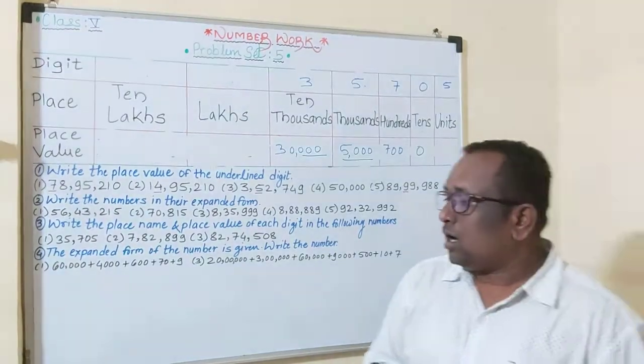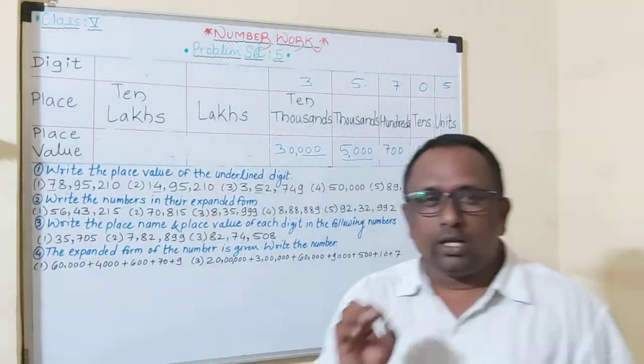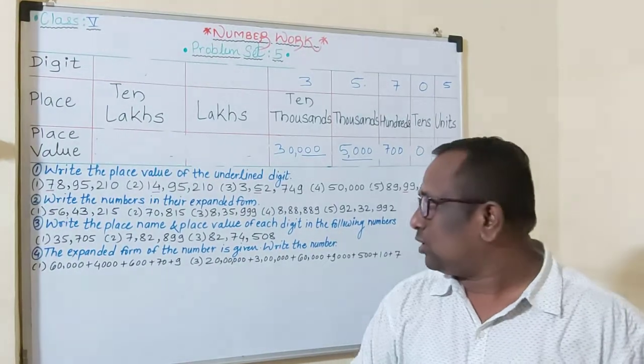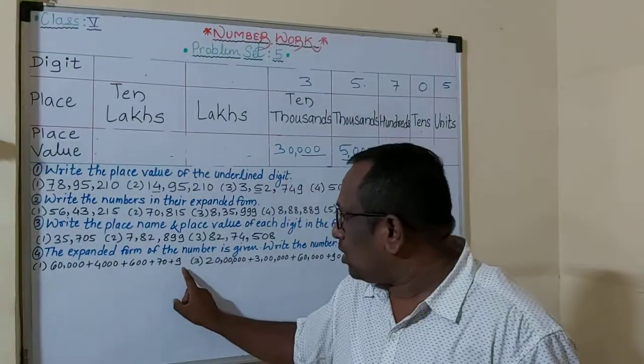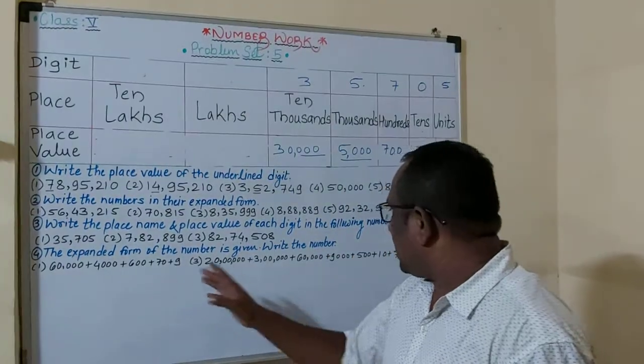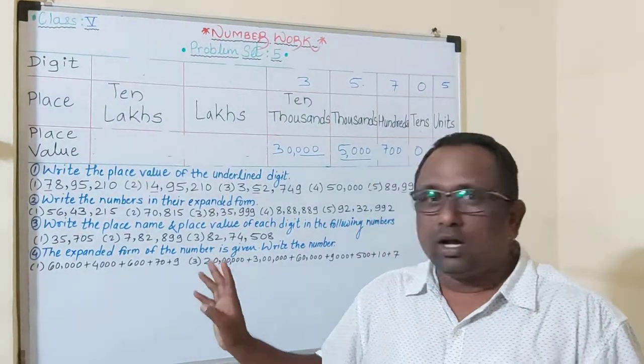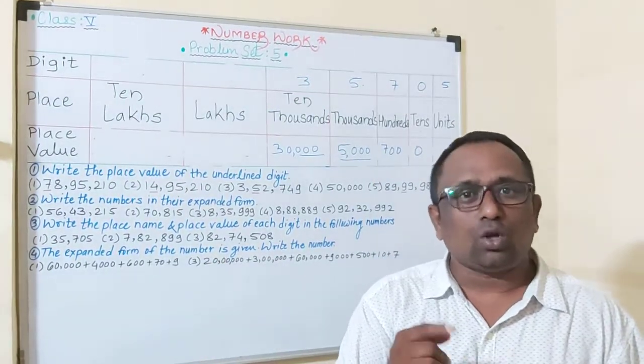While writing, students, we have to take precautions. See the numbers, their place values, and then you have to write. I chose only 2 examples. We will solve 2 examples, then the remaining examples you have to solve for homework.